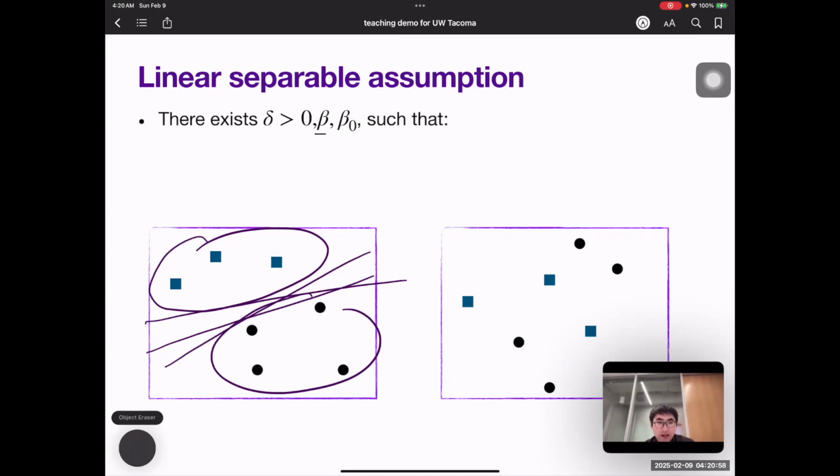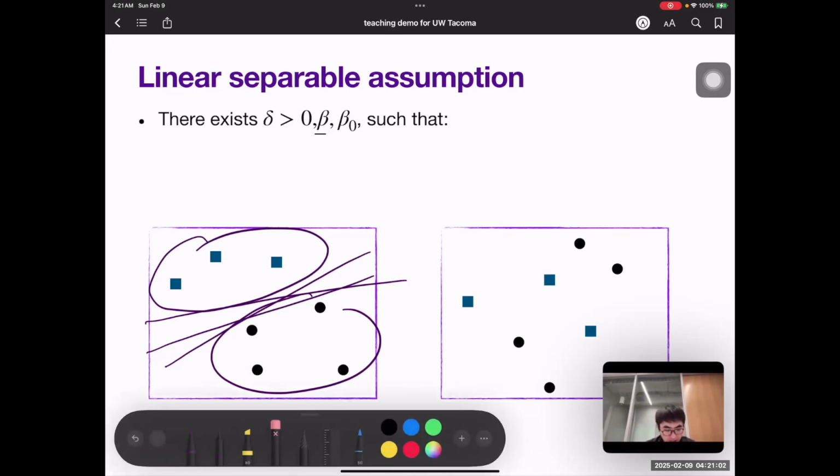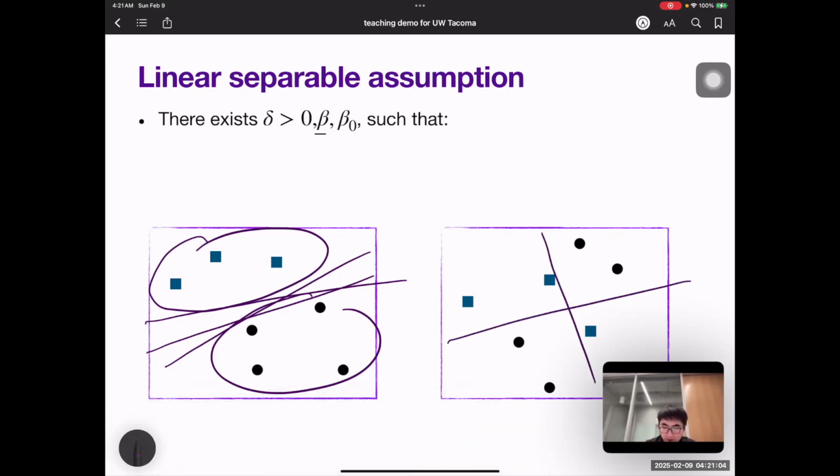However, for some nasty data sets, no matter how you draw this line, you still cannot partition the data into two groups. Then we call it non-linear separable. This one is linear separable. For data that looks like the left part, the model will converge quickly. However, for data that looks like the right part, the model will always update, and the performance will always oscillate.